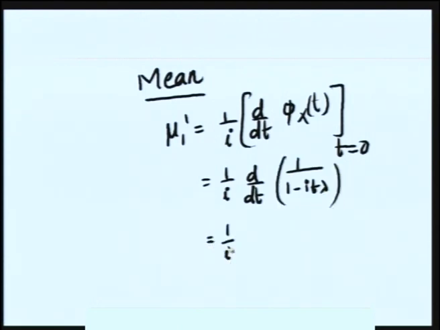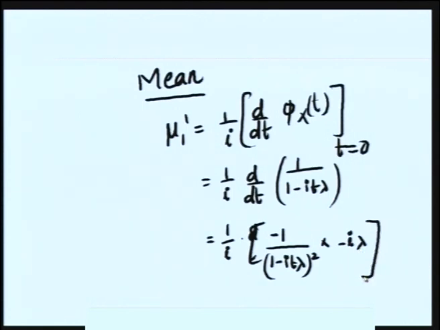It is 1 by i, and differentiation of 1 by (1 − itλ) is minus 1 by (1 − itλ) whole square into the differentiation of this with respect to t, that is minus iλ. Okay.